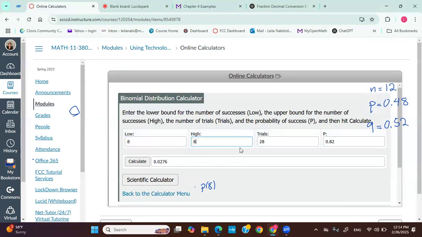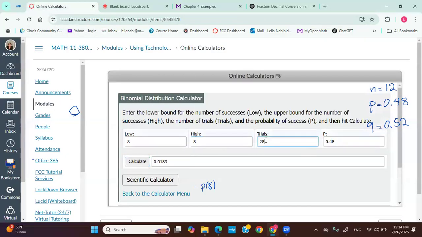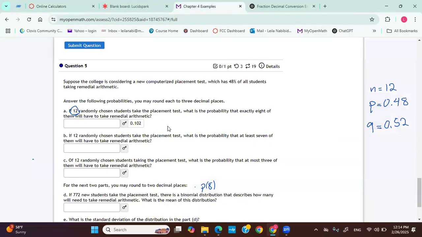From 8 to 8, the number of trials is 12 and the probability of success is 0.48. Oh, I put 28, I'm so sorry. We have 12 students, so the number of trials is 12. The answer is 0.102.